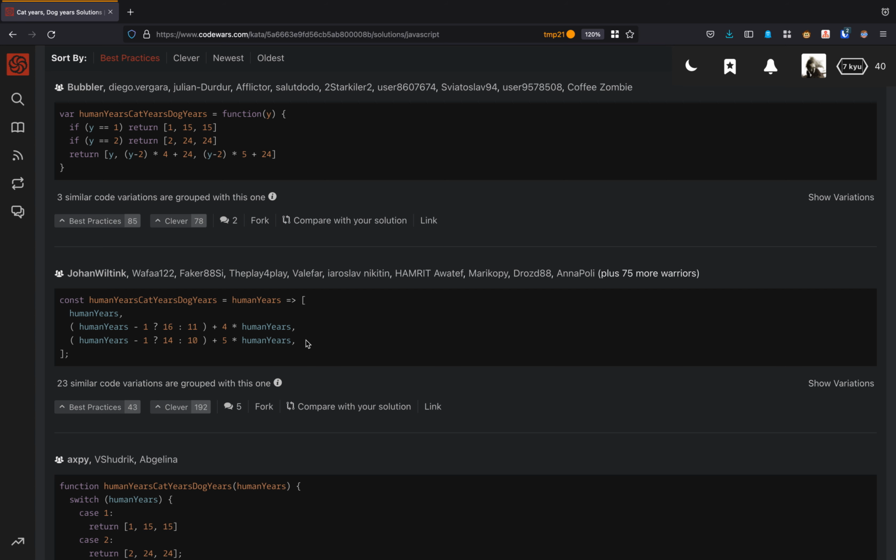This looks a bit weird, but I'm sure it's correct because all the tests have passed. So 4 times human years. So if the human years is, for example, oh yeah, so this has subtracted 4 times 2. Oh yeah, now I see.